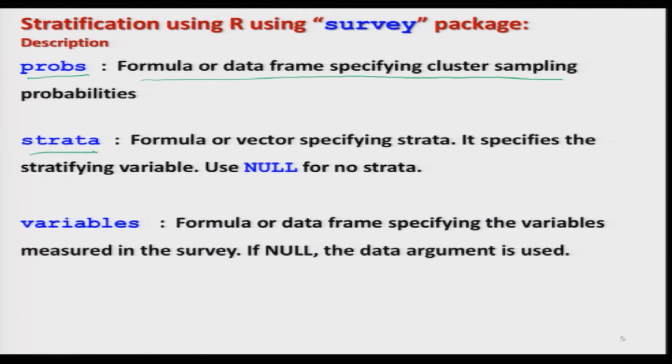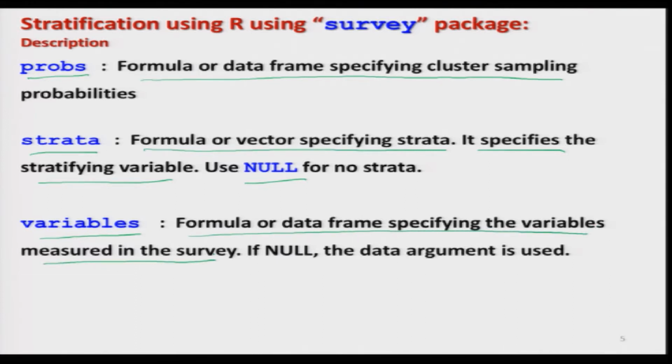And there is another option here, strata. Strata is a formula or vector specifying the strata, and it specifies the stratifying variable. And if there are no strata, as in other types of sampling, you can use here a null. The next option here is variables. This variables is a formula or a data frame that specifies the variables which are measured in the survey.